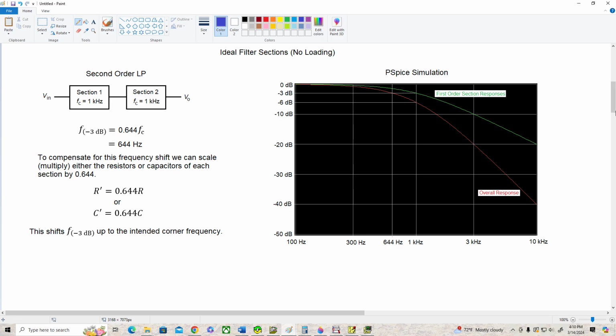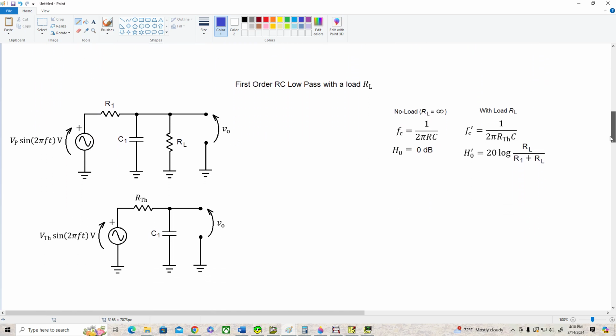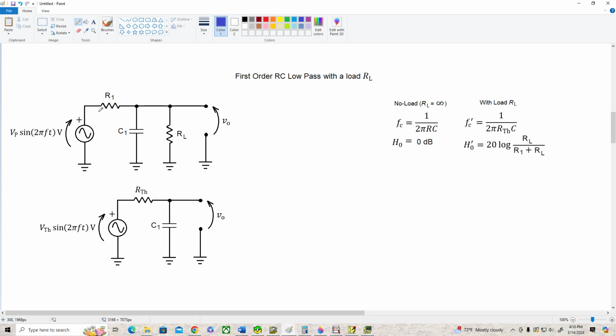All right, now let's discuss loading of a first order filter section. What we've got here is a first order filter with RL connected to it. With no load, of course, the critical frequency is 1 over 2 pi RC, and the passband response is 0 dB. When we add the load resistor, we have to use Thevenin's theorem to figure out what's going on. For this circuit, RTH is equal to R1 in parallel with RL. The effective response of the circuit in the passband is now given by the divider equation with R1 and RL.